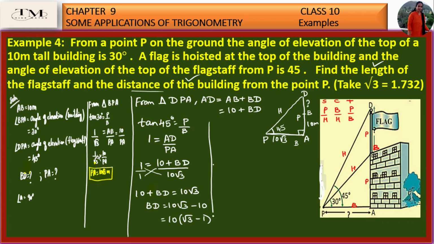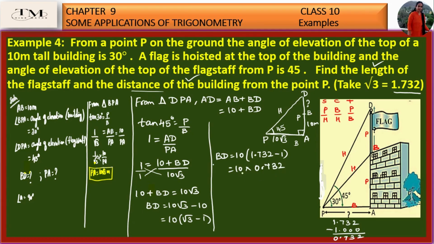What is root 3? Root 3 is given as 1.732. So BD will be equal to 10 into 1.732 minus 1. So what is 1.732 minus 1? 1 is nothing but 1.000. So if we subtract, 2 minus 0, 2; 3 minus 0, 3; 7 minus 0, 7; 1 minus 1, 0. So it is 10 into 0.732.